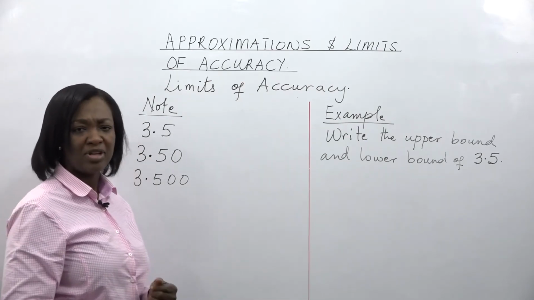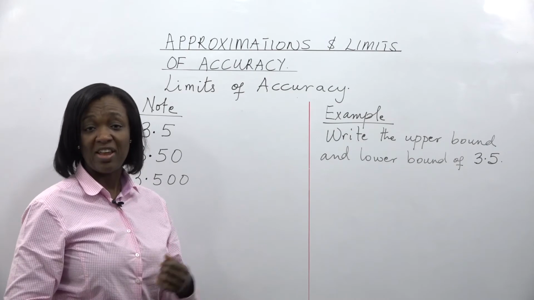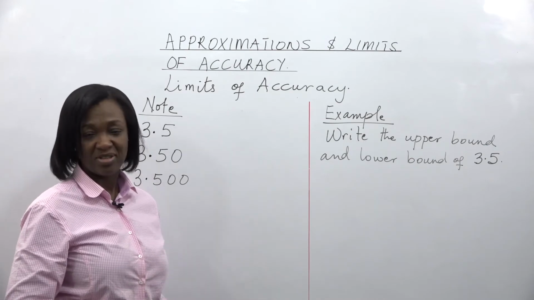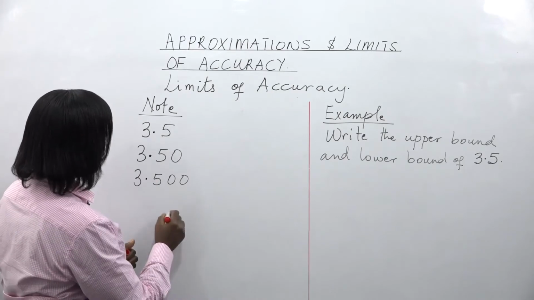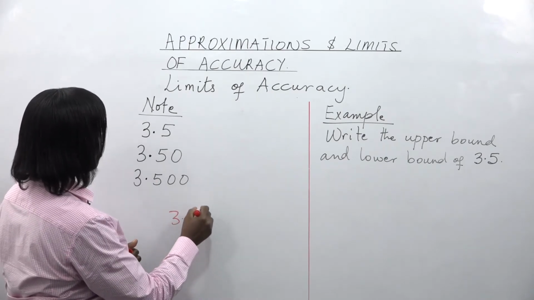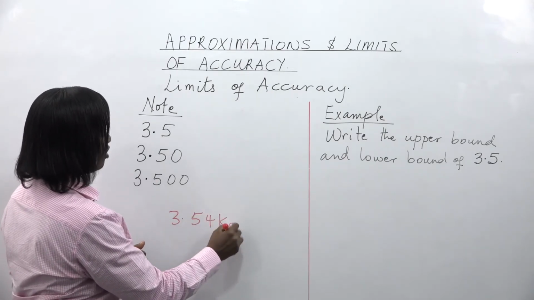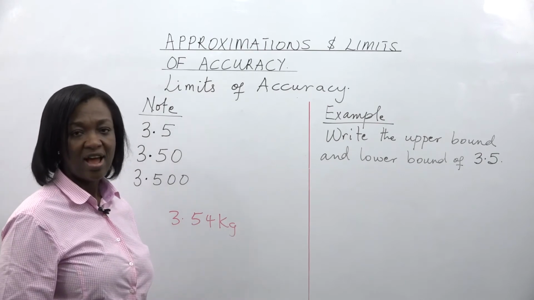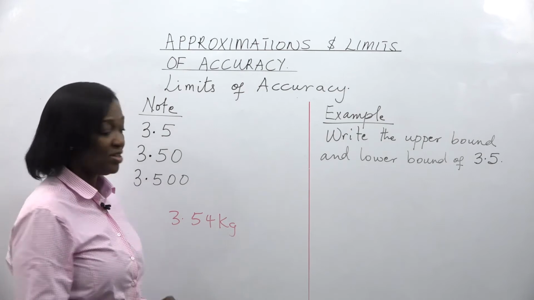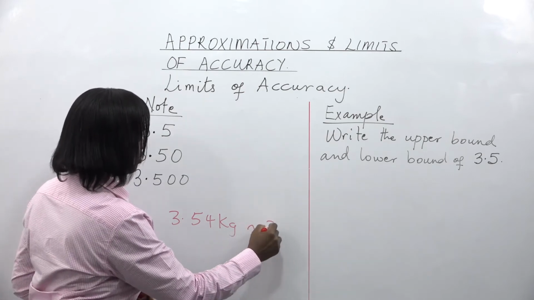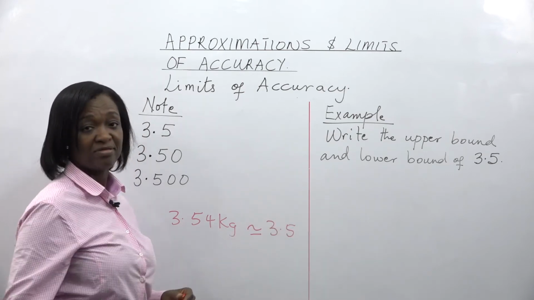So for example, in a hospital, 2 women give birth to newborn babies. And one of them weighs 3.54 kilograms. And they record the birth weight to 1 decimal place. So this will be rounded to 3.5 kg.